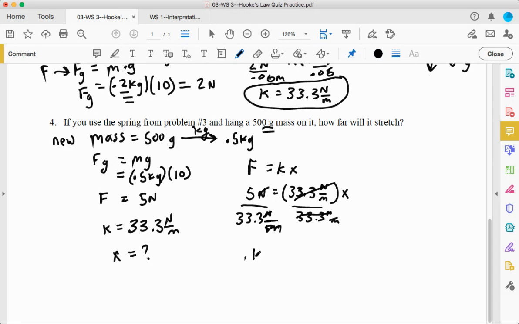And our answer is 0.15 meter equals X, or the stretch amount.